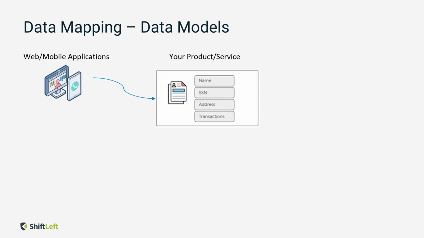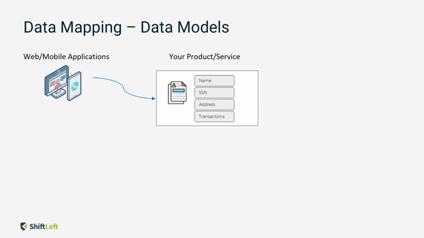Once you do that, figure out what data you are collecting. An example here is a web form where a user is signing up for a new service. He or she provides, say, name, social security number, and address, and then there's a bunch of transactions they might do on top of it. This is the information that you have on the user.